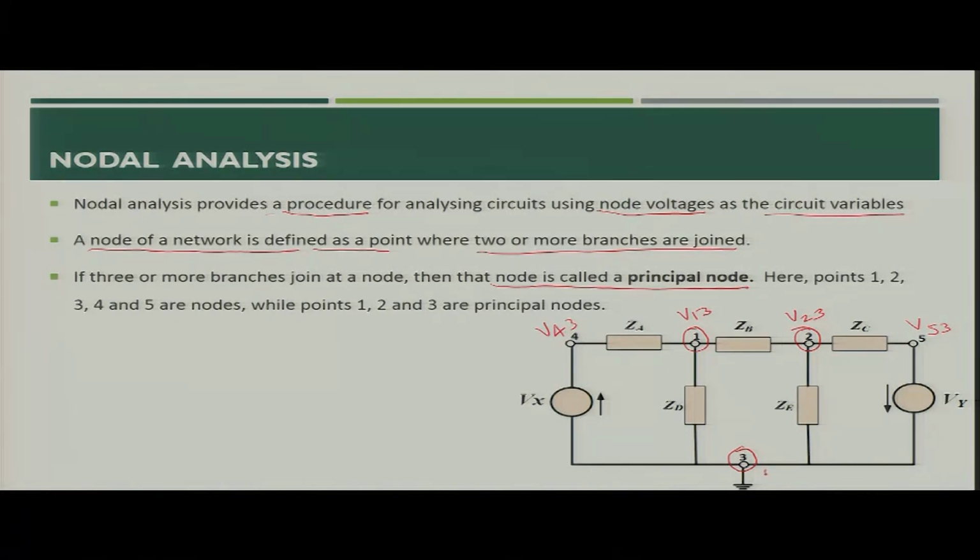Node 3 will always be at 0 potential because we consider it as the reference, so everything is considered with respect to this node. Node 4 and node 5 are simple nodes, while node 1 and node 2 are principal nodes. So in circuit analysis using nodal analysis, we are more concerned about the voltages at the principal nodes.